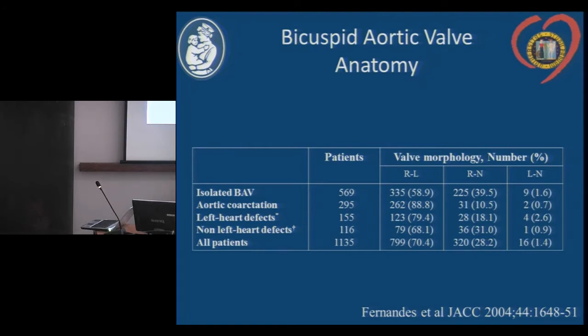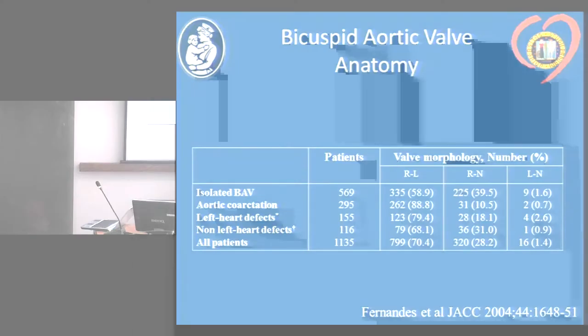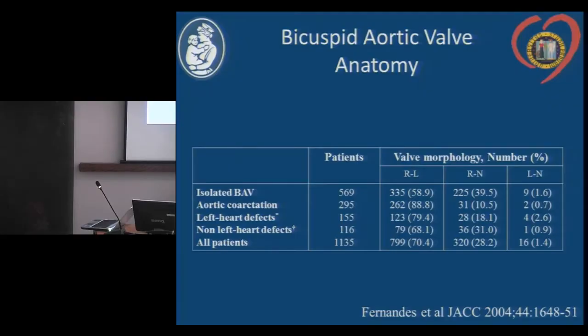The next most common was the right non-commissure, which accounted for almost 30%. And then the left non-commissure is almost always present. Only in 1 or 2% of abnormal aortic valves is the left non-commissure absent. So this is the distribution of all patients. But if you look, for example, at aortic coarctation, what's interesting is that almost 90% of patients with aortic coarctation have absence of the right, left, or intercoronary commissure.